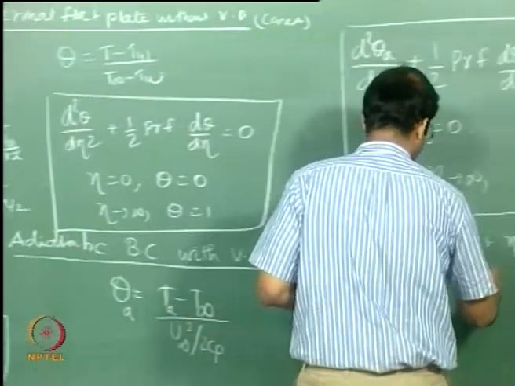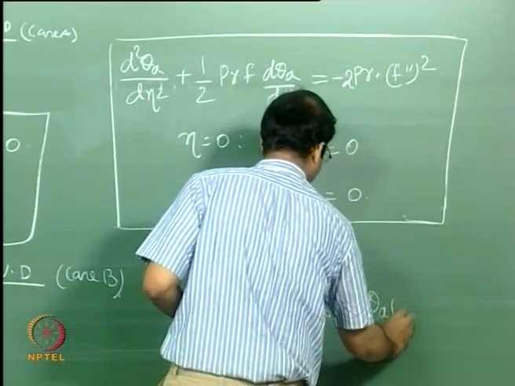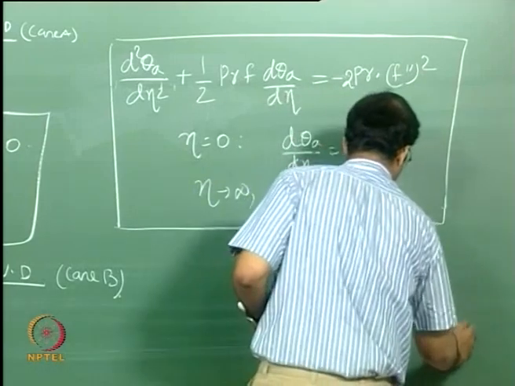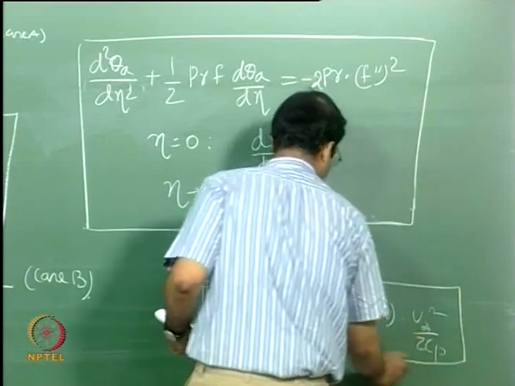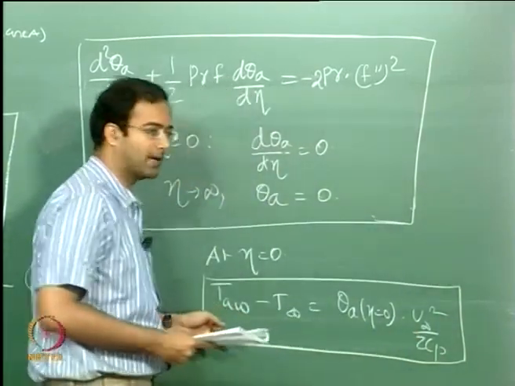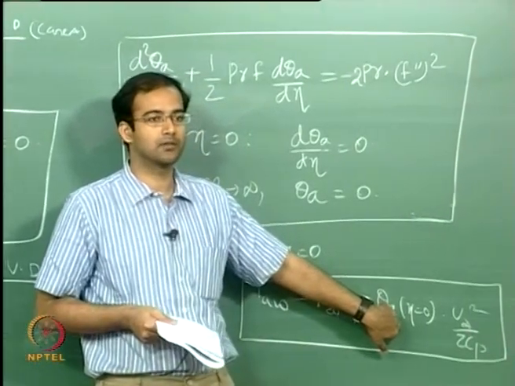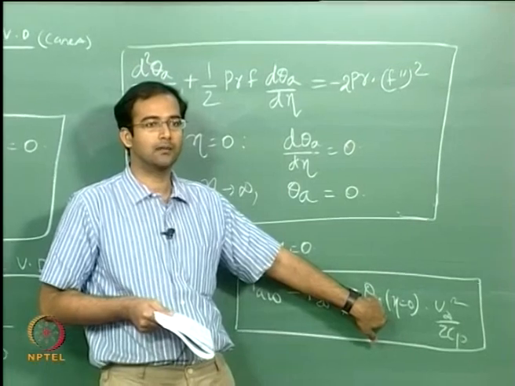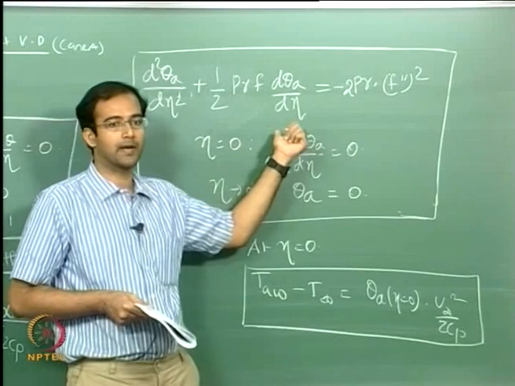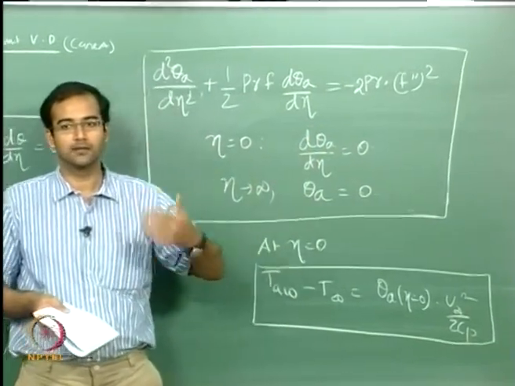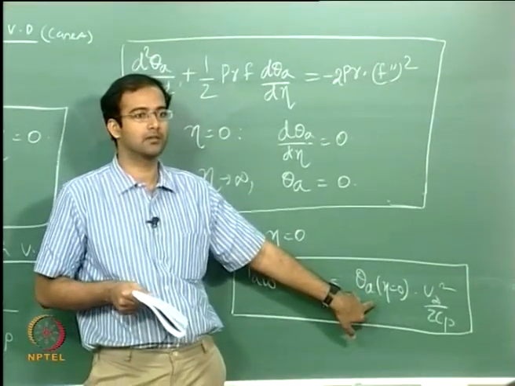So that is my T adiabatic wall minus T infinity, which will be equal to theta A at eta equal to 0 times u infinity square by 2 Cp. So this is how I can calculate my dimensional value of adiabatic wall temperature once I know the value of theta A at eta equal to 0. And how does this value come? By guesswork. So you keep iteratively guessing the value of theta until it matches this, and that final value is your theta at eta equal to 0.